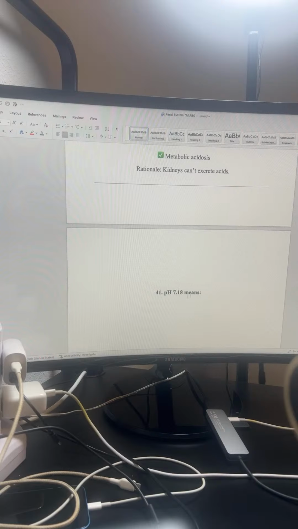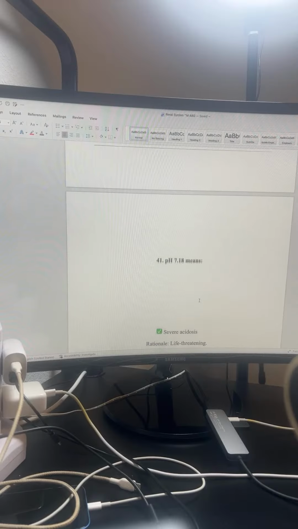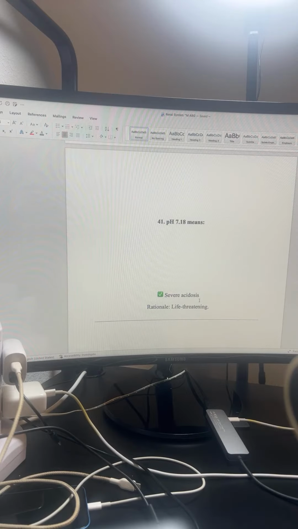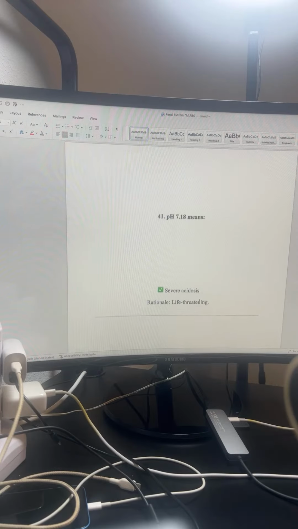A pH of 7.18 means acidosis. Yeah, that is life-threatening. So if you have a patient that is so acidotic, how would you treat?